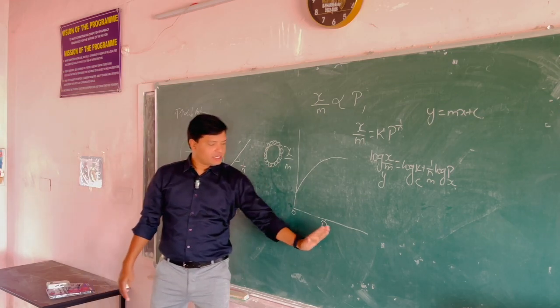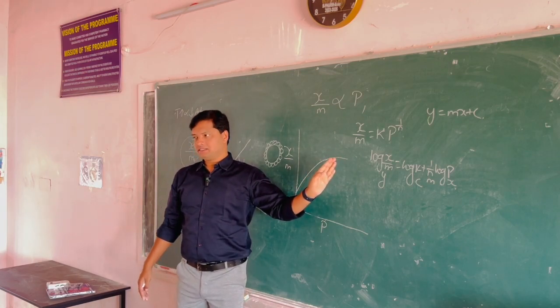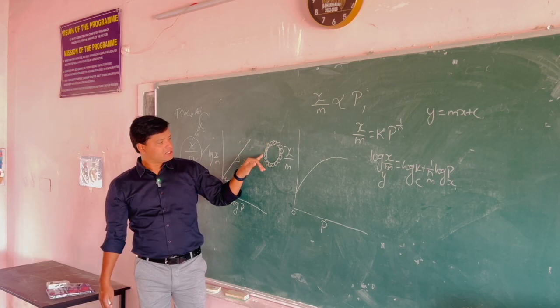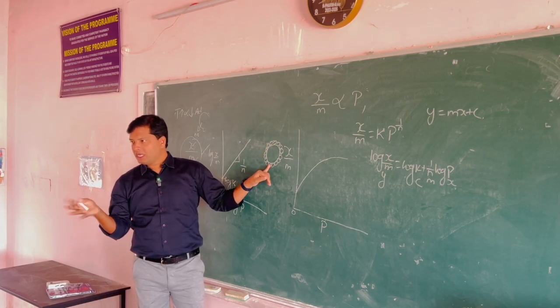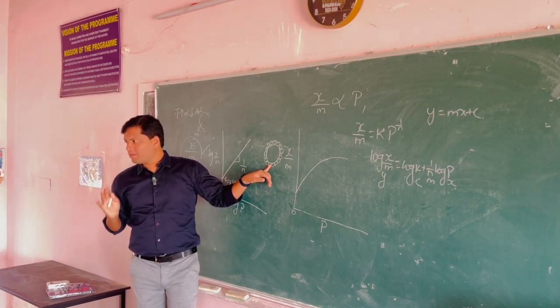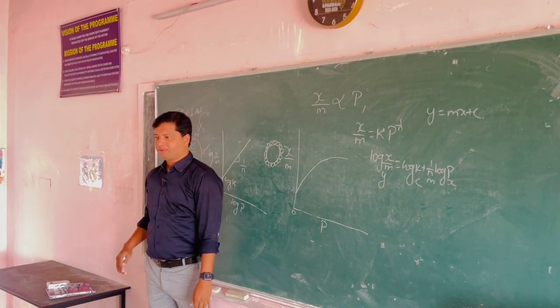As the pressure increases, the amount of gas adsorbed also increases. At particular point, monolayer is formed. No further adsorption because there is no place to sit. All chairs are occupied. So it will become flat.